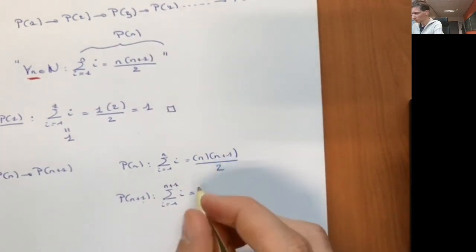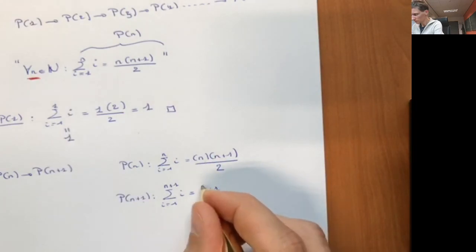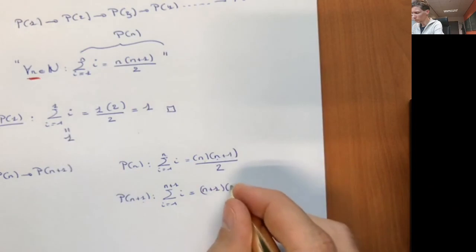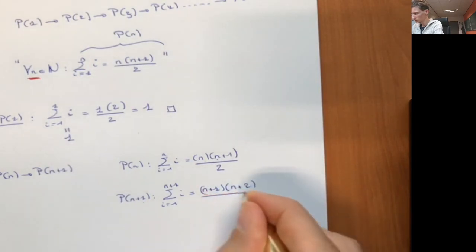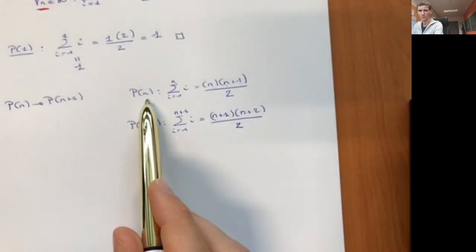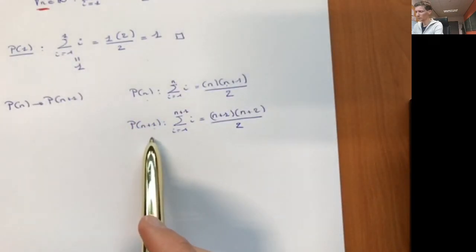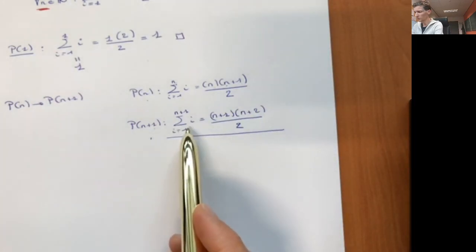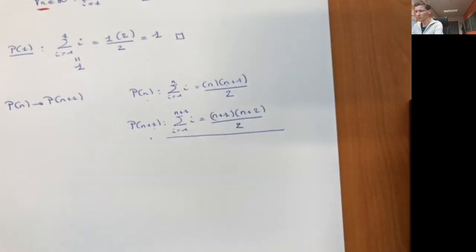Instead of n, I have n+1 here, and here again, instead of n, I have n+1, but I have to add 1, so this becomes n+2, and then divided by 2. So I have to show that this implies this. Okay, so how do we show that this is true? Well, we start from the left hand side, and then along the way we hopefully get to the right hand side.